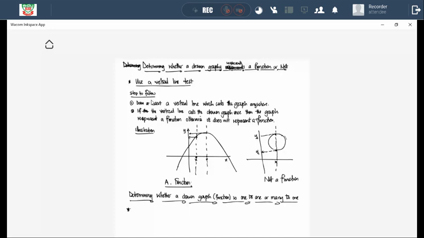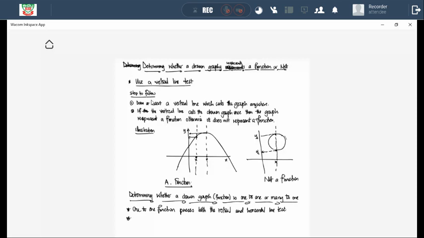Right? So we are saying a one-to-one function passes both the vertical and horizontal line test. Okay, right.